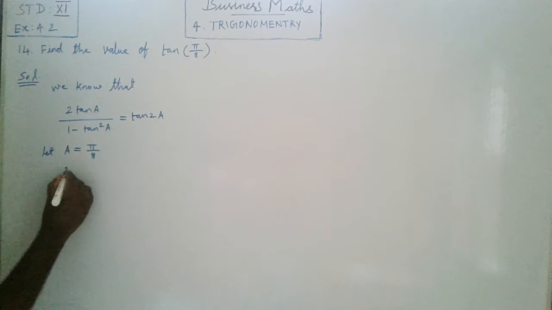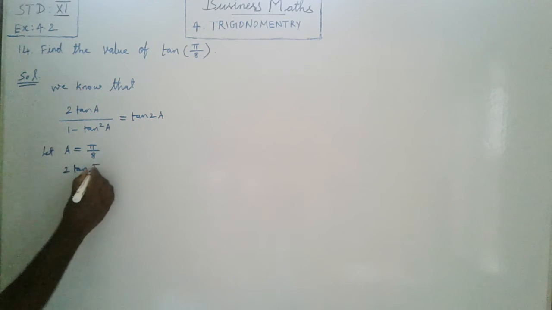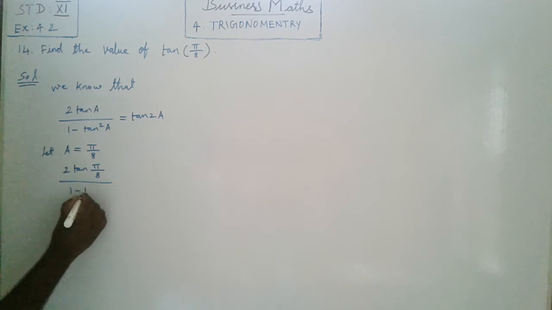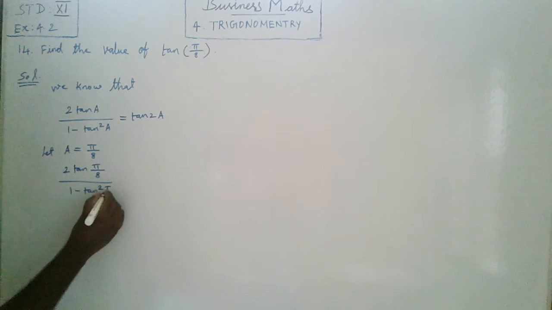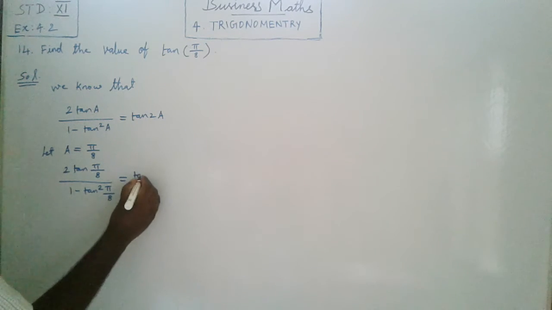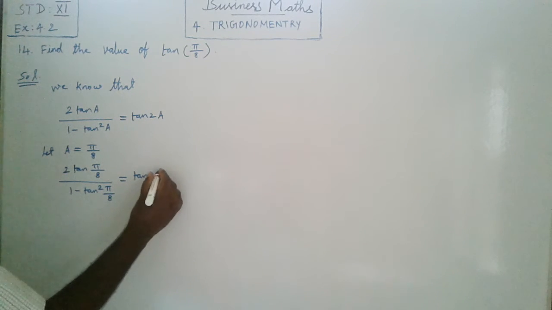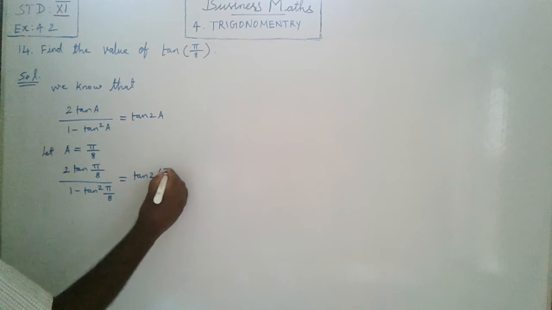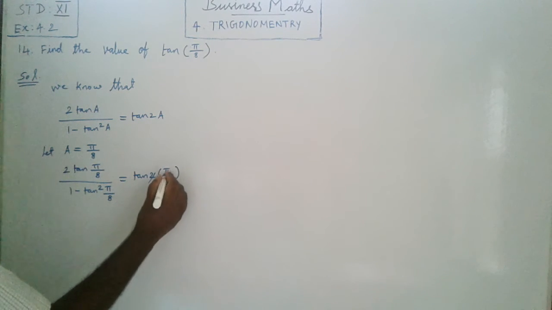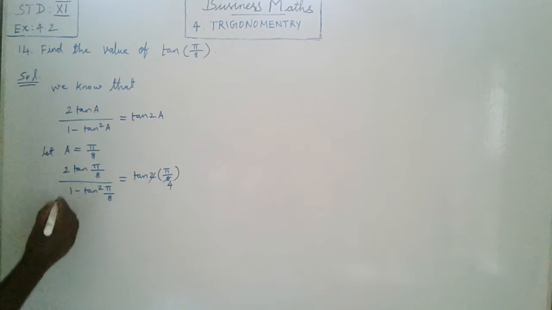Then 2 into tan pi by 8 divided by 1 minus tan square pi by 8 equal to tan 2 into pi by 8. The value of a is pi by 8. 2 and 8 cancel, giving 4.